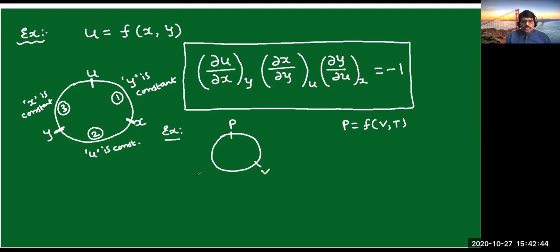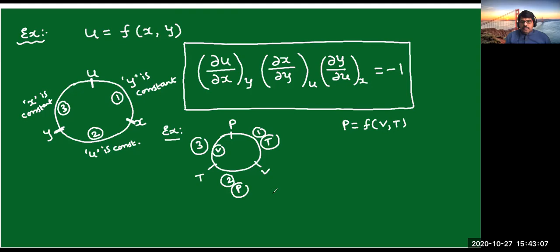This is the diagram we generally draw: in PV, T is constant here, P is constant here, and V is constant here. Now how to write the cyclic rule correctly?